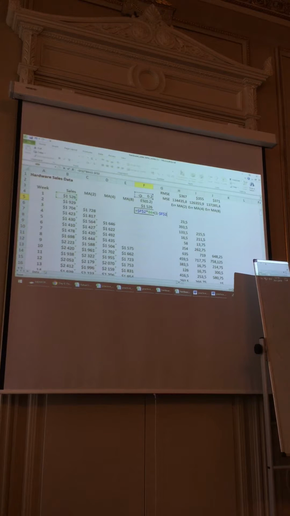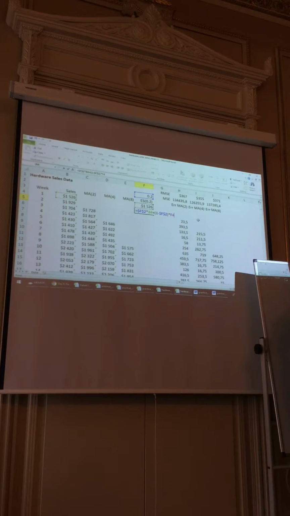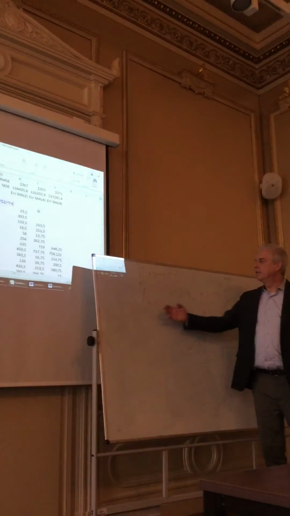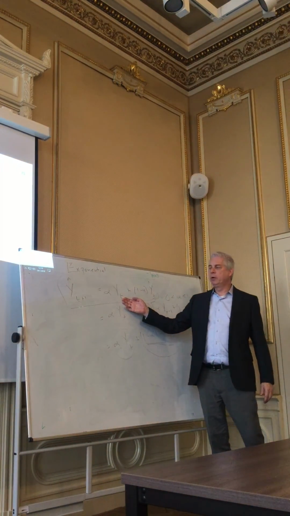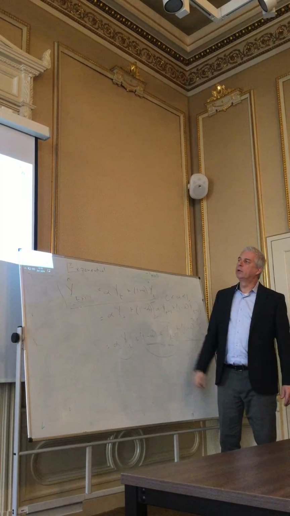Again, make sure you anchor that. Multiplied by the forecast for period 1. So that formula I just entered is exactly this formula: the forecast for period 2 is alpha times the actual for period 1 plus 1 minus alpha times the forecast for period 1.